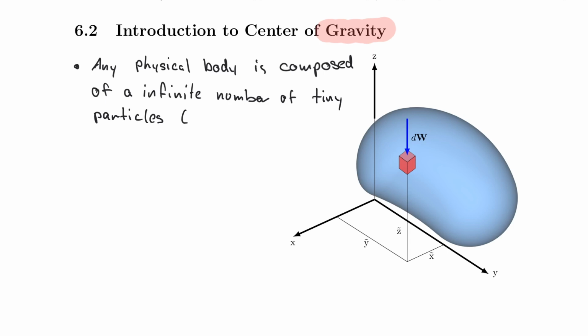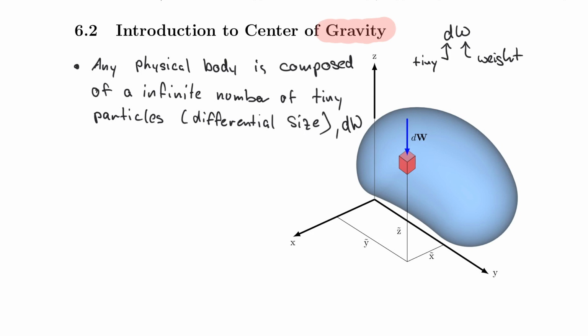And those tiny particles, in a mathematical sense, are of differential size. So differential size again stands for dW. dW stands for tiny, and W stands for weight in this case, because we're talking about the center of gravity. So that's our first observation.